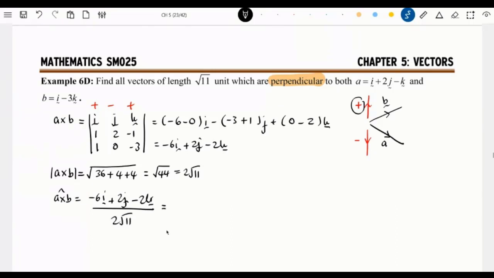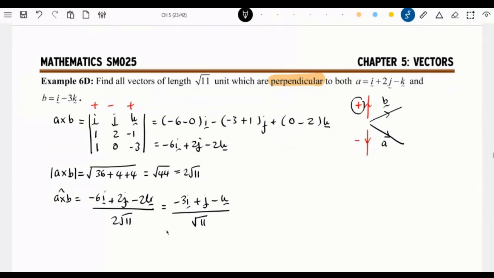Okay, what do we get here? Can we simplify? What do we get? Negative 3i over 11. Okay, so that will be your A cross B hat.